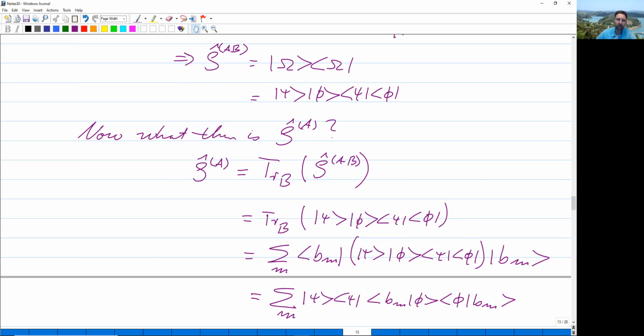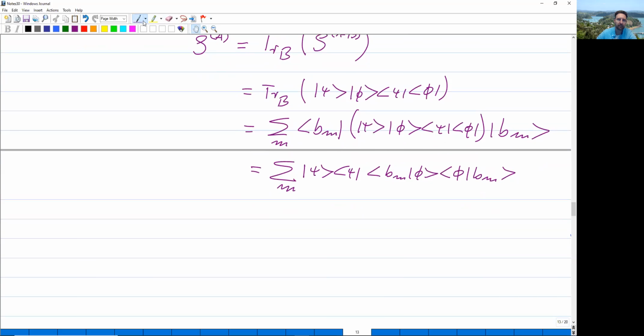Now, this we can write like this. It is ⟨psi|psi⟩ sum over m, and then let's just reorder the two. They're just complex numbers anyway. So we have ⟨phi|b_m⟩⟨b_m|phi⟩.